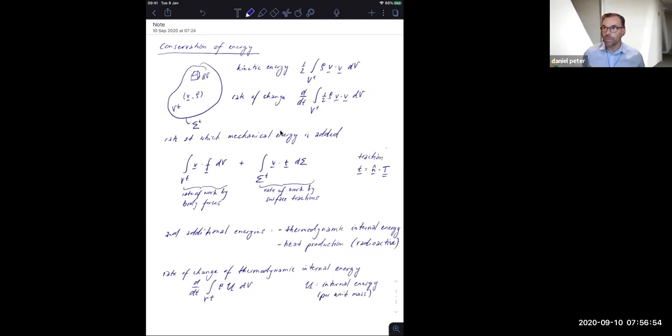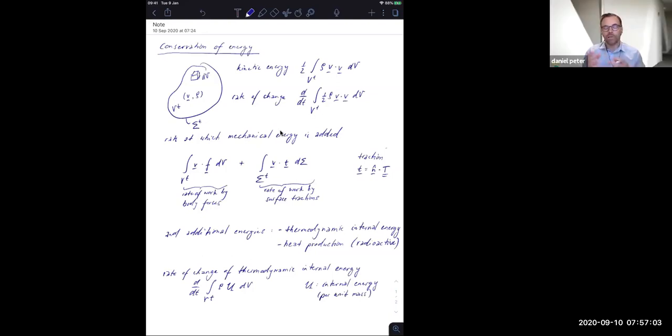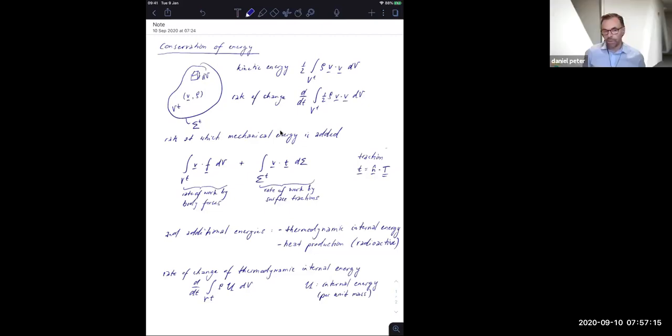Good. If you want to think of an ideal gas, the internal energy U is basically related to the mass times the temperature of the gas. We come later to that part for the internal energy.